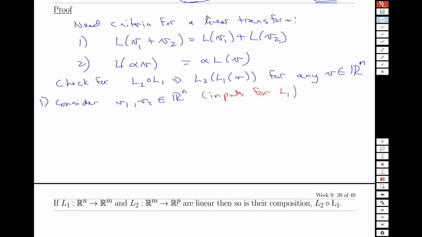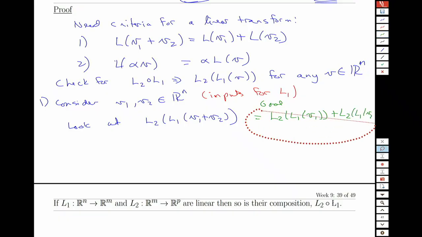Then what we're going to ask is what happens, so we have to think about this. Our transform is this whole package here, L2 of L1 of V. So let's look at L2 of L1 of V1 plus V2. And our goal is to show that that's equal to L2 of L1 of V1 plus L2 of L1 of V2.